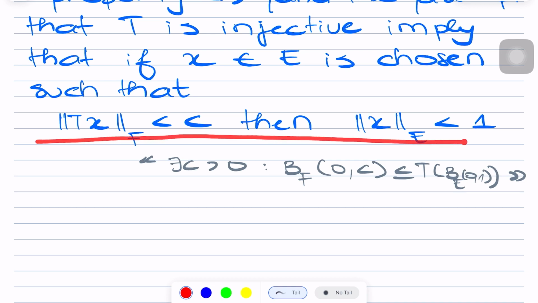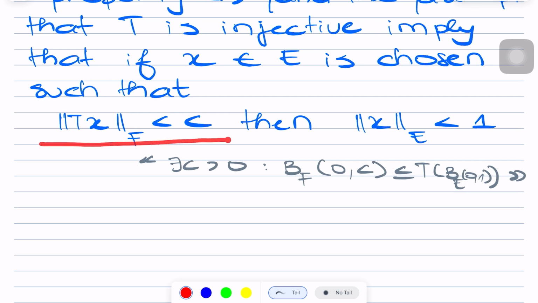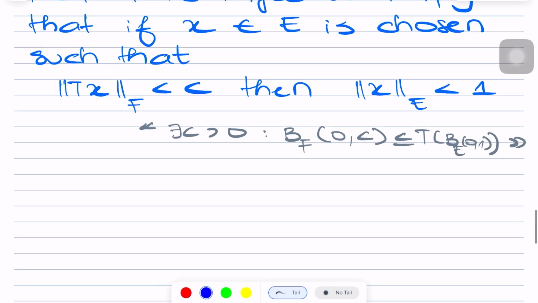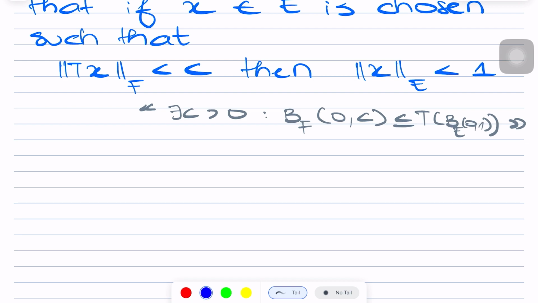So if x in E is chosen in such a way that the norm of Tx is strictly less than C, then you necessarily have this condition. Again, if you have any problem or questions, feel free to leave them in the comments.